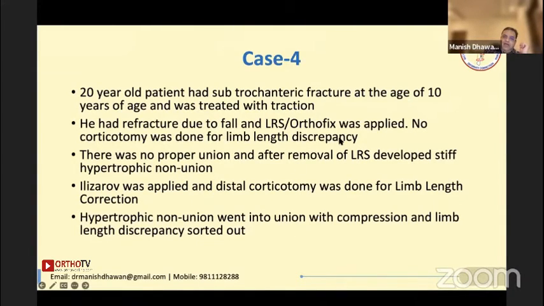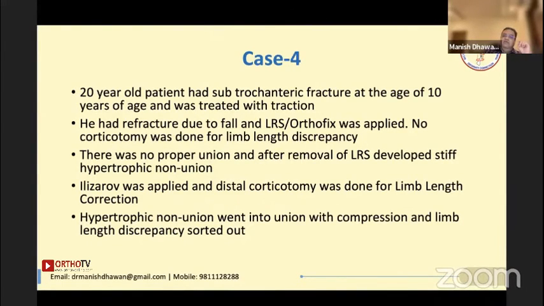I applied LRS and did not do any corticotomy, but the patient and the parents did not tolerate the Orthofix and forced me to remove it early. So the LRS was removed. On the X-ray I felt that it was united, but it was not proper, and he developed a stiff hypertrophic non-union.